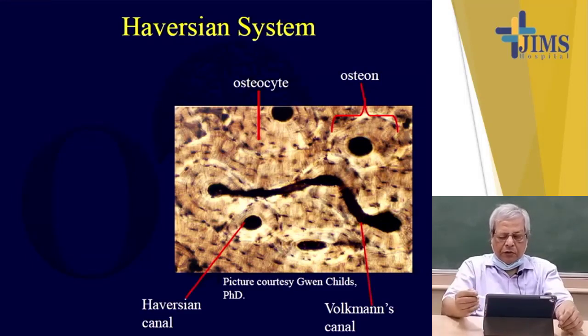This is another photograph. These are the same resting cells, osteocytes. These are osteons. This is a Haversian canal, and it enters into the medullary cavity by these Volkmann's canals.